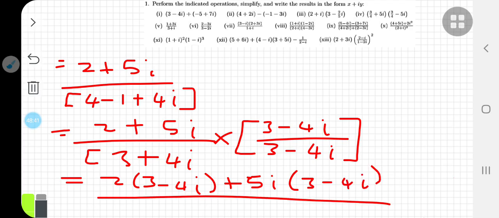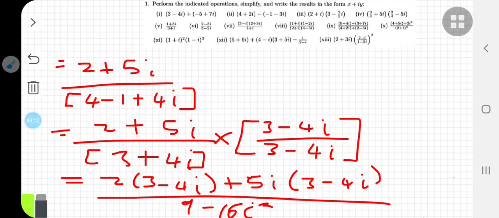Divide this by 3 times 3, that gives me 9. Then minus 16i squared, like that.